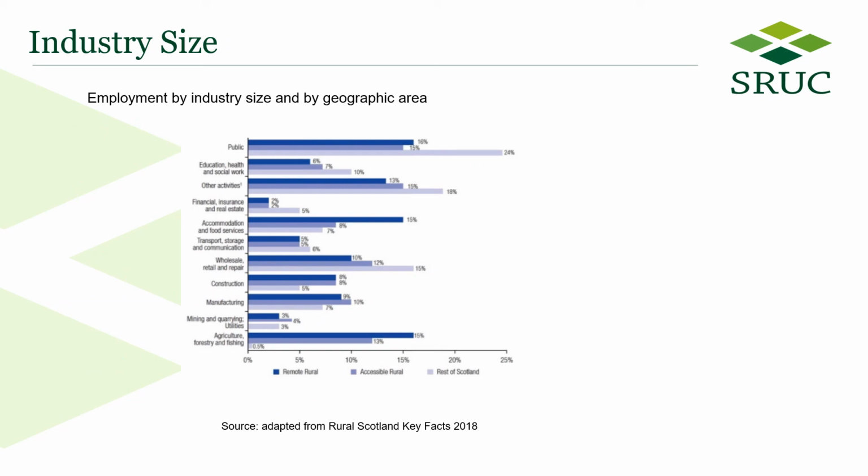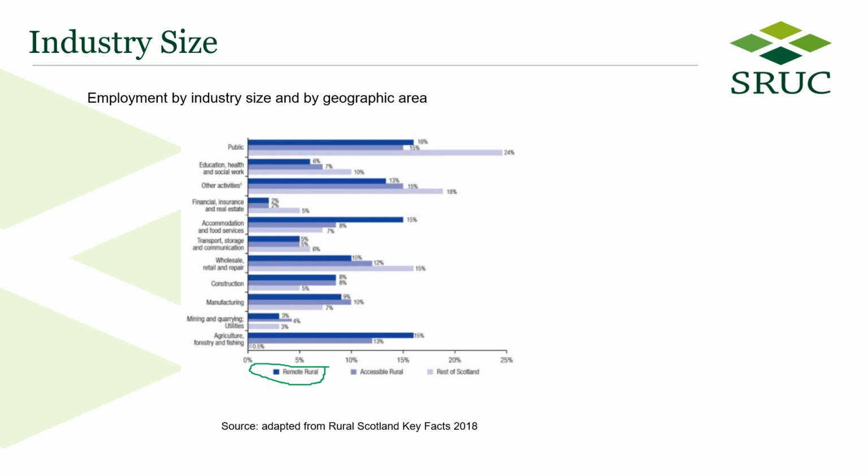Okay, so as I said on the last slide, this figure shows the distribution of employment across sectors within each of the geographical areas, with workers in the public sector shown as a single category. That's because in all areas of Scotland, the public sector is the largest employing sector. And it's interesting to see the dark color of remote rural and then compare that to maybe the rest of Scotland, or accessible rural to the rest of Scotland.